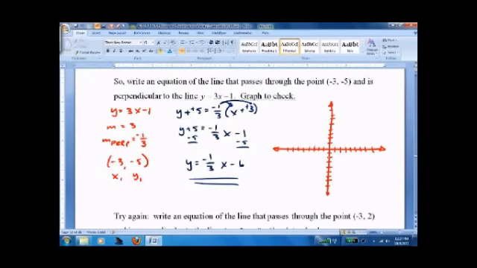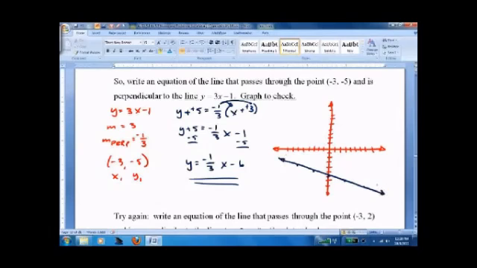Down 6, 1, 2, 3, 4, 5, 6. Down 1 over 3, 1, 2, 3. Down 1 over 3. Up 1 over 3, 1, 2, 3. Up 1 over 3. Okay. Connect the dots.